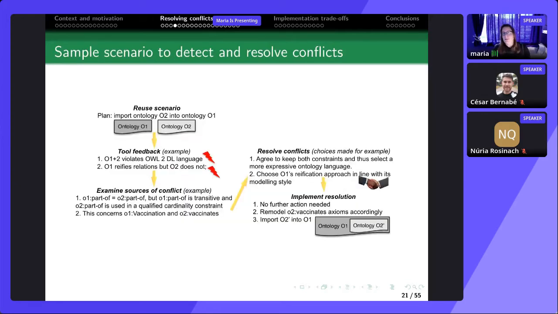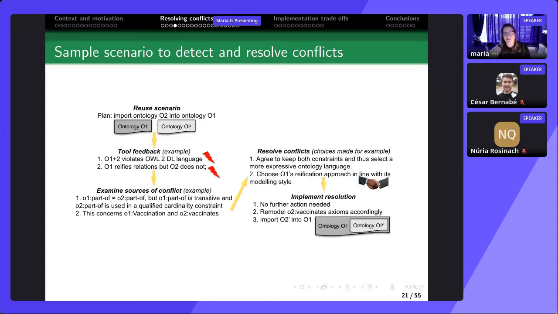To give a sample scenario of how that might work out, for instance in the reuse scenario, you would have one ontology and you want to import the other one. The tool would give feedback, being able to find where the clash is. The algorithms will be able to find which axioms are actually the cause of the conflict. It will be able to propose what your options are.